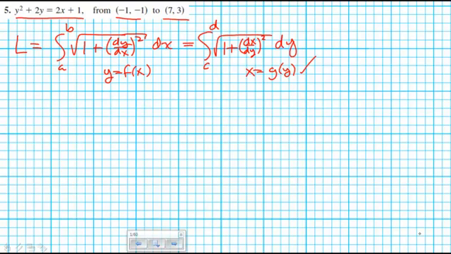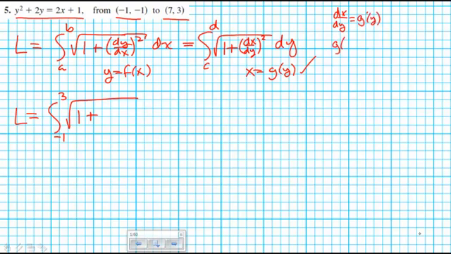All right, so I say that we're going to go from C to D, where C is a y value and D is the other y value, from -1 to 3. Square root of 1 plus, I need to find out what dx/dy is. And remember, dx/dy is just a fancy way of saying g prime of y.